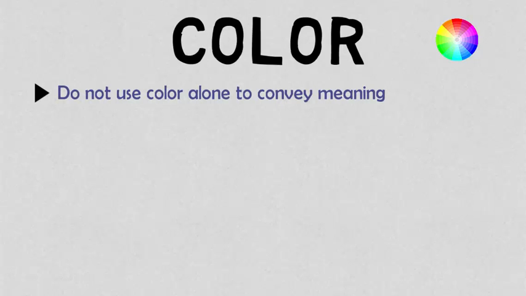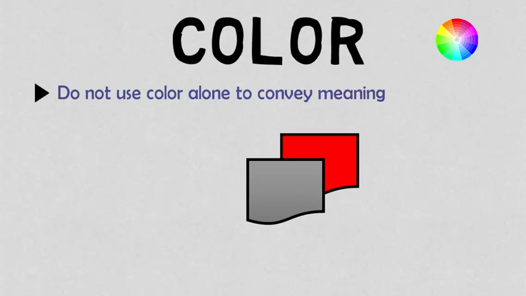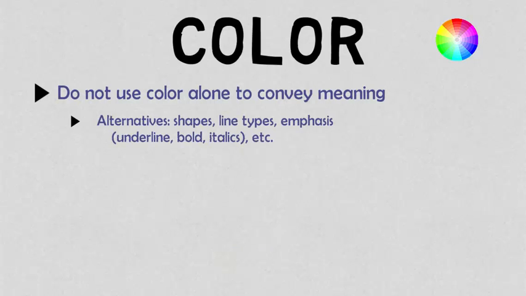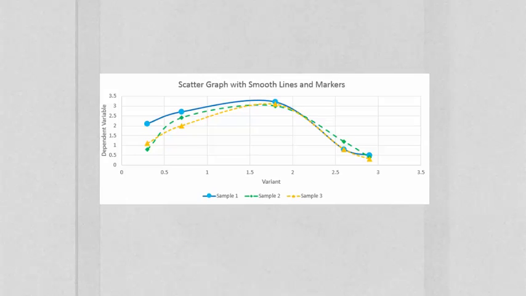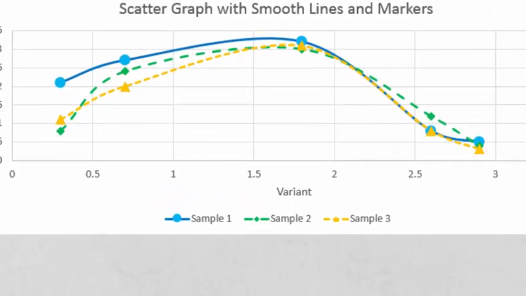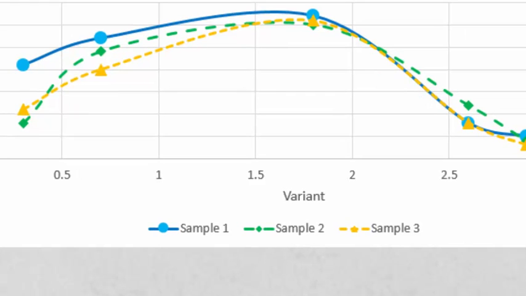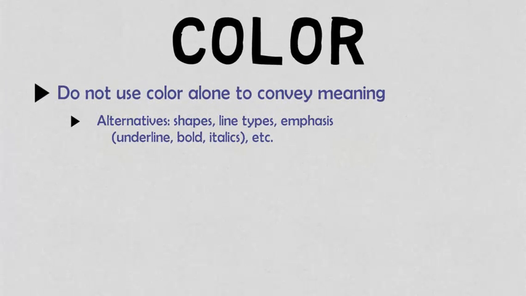For example, a significant percentage of the population cannot distinguish red from green. Alternatives to using color alone might be altering the appearance through shapes, line types, font emphasis, underline, bold, italics, etc. The lines in this sample graph vary by color, line type, and data point marker. In addition, the legend shows the differences so the graph is even more understandable.